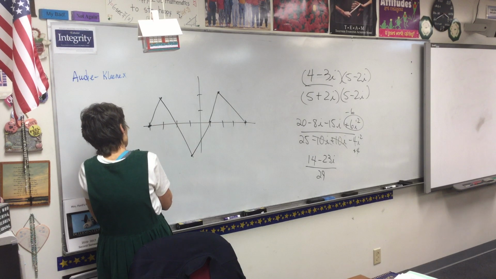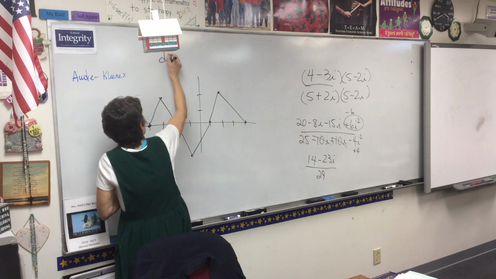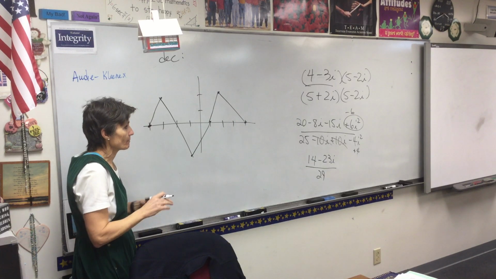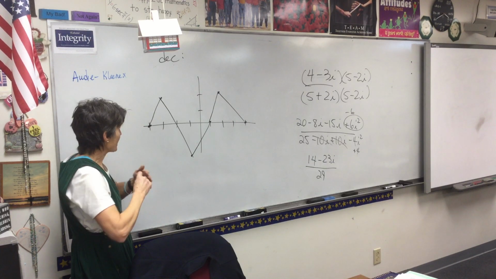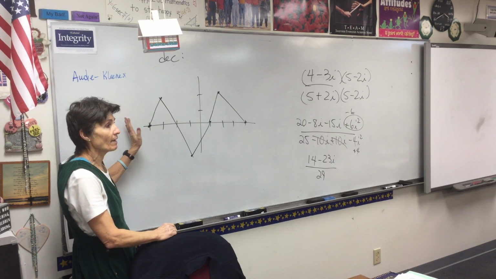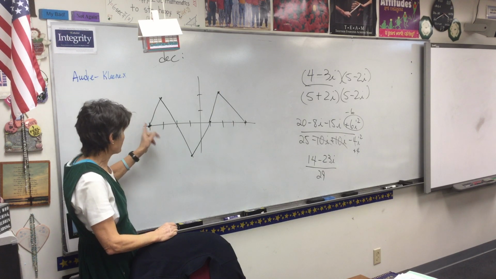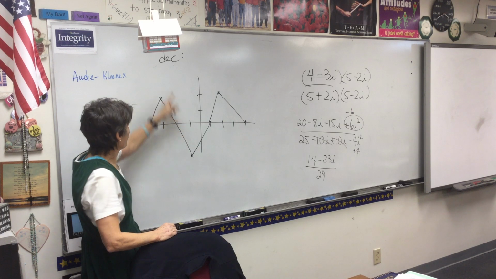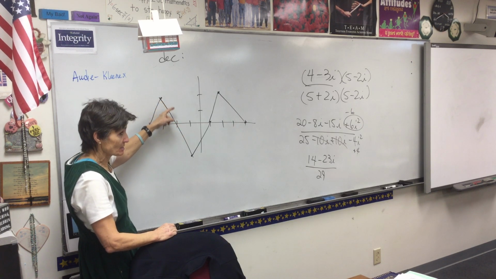Well, let's do decreasing intervals. We could do increasing or decreasing. Let's do decreasing. What that means is, as you draw this from the left to the right, put your pencil right here and start drawing. Where are you going down? Decreasing means going down.